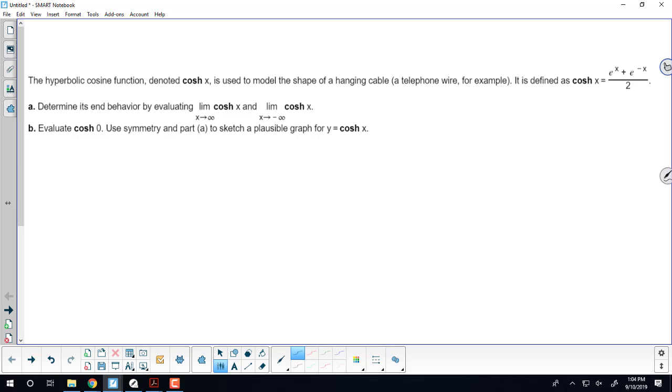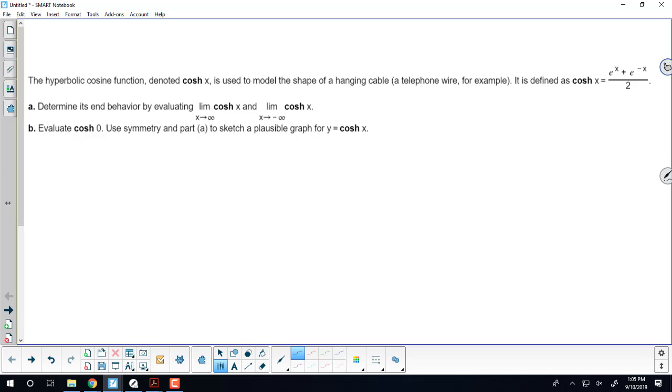But anyhow, they tell us that the hyperbolic cosine function, labeled cosh x, is used to model the shape of a hanging cable. They're called catenaries, like a chain hanging between two poles, or certain types of suspension bridges that have that hanging wire shape.